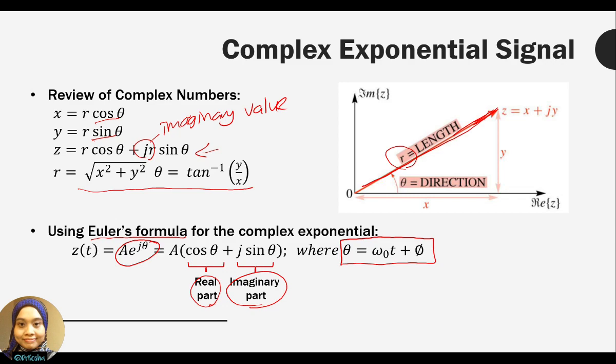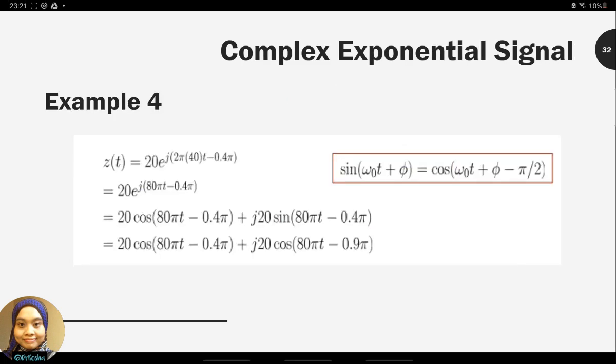Okay, so based on this complex exponential signal, I want you to try this example 4: how you can expand the z(t) function over here, 20e^(j(2π40t − 0.4π)).